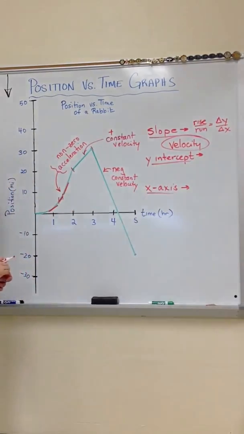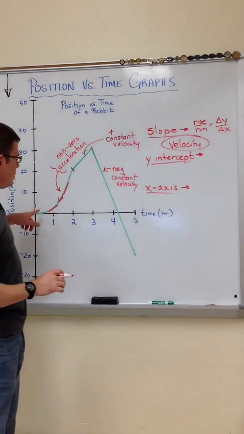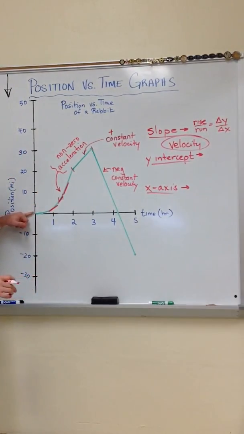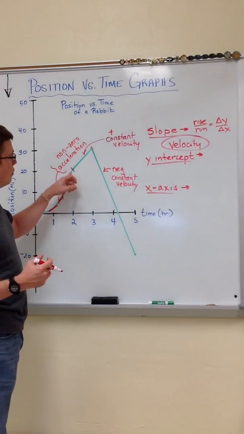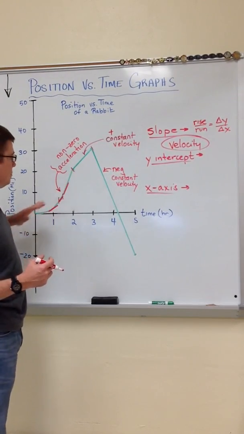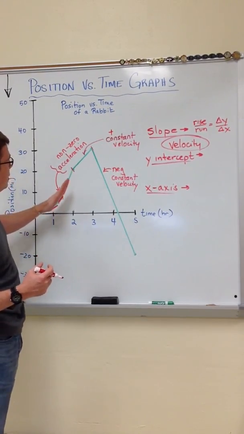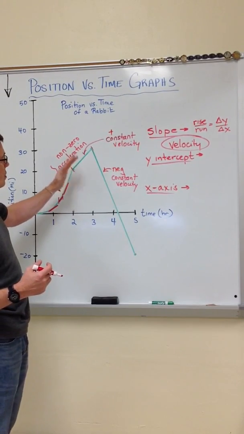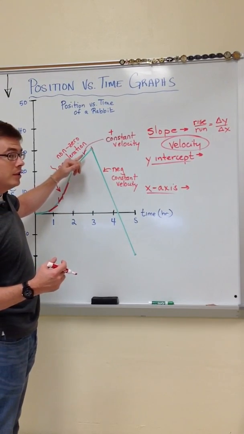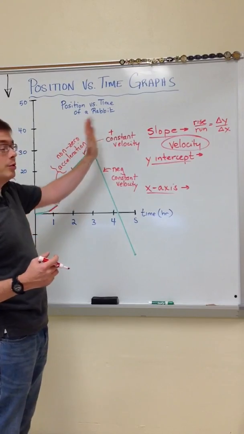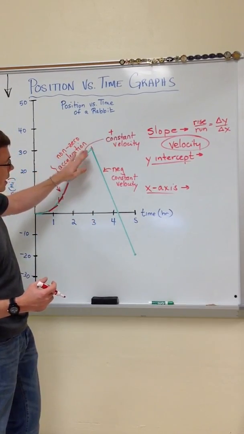Okay, so what does that mean for you? The initial position of the rabbit was 0, 0, whatever you decided the origin to be along its motion. It accelerated away, or in the positive direction, accelerated positively away from the origin, then moved at constant velocity still away from the origin, and then came back towards the origin.